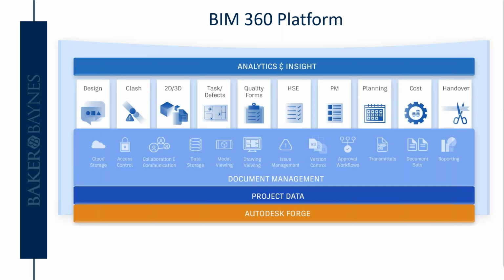In addition, BIM 360 is also built on the Autodesk Forge platform, and this allows for an open API and integrations with other construction software solutions, essentially so that all of your project information can be centralized.